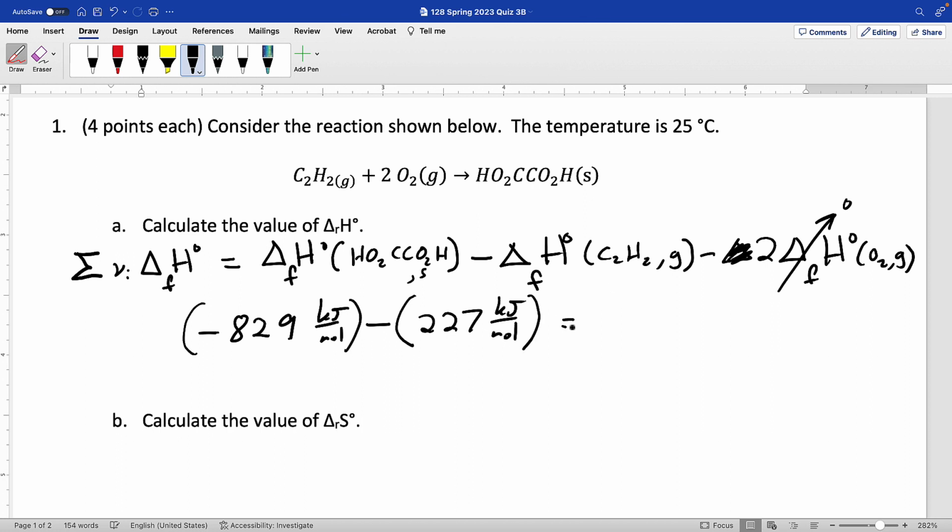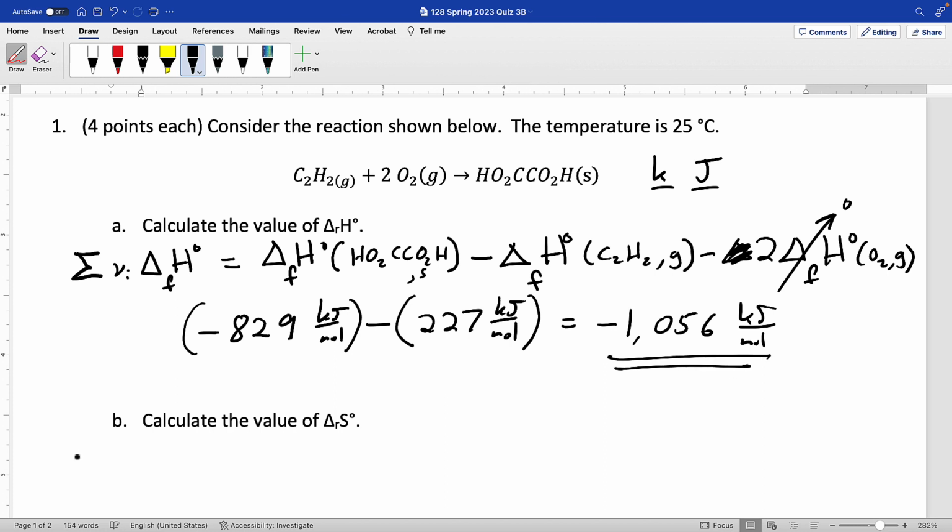That ends up being a negative 1056 kilojoules per mole. Oh, I should point something out here. I think I wrote it on most of the quizzes: please write kilojoules this way. A kilo is always a lowercase k, and a joule is an uppercase J. So lowercase k, uppercase J. Okay, that's our first answer.